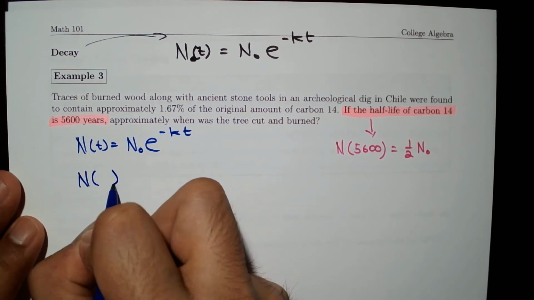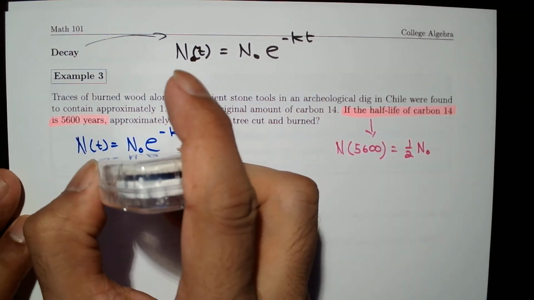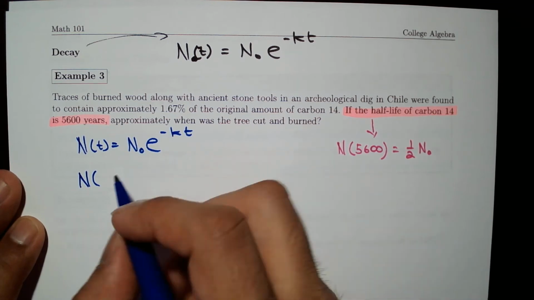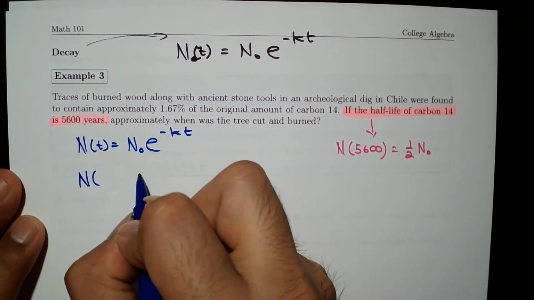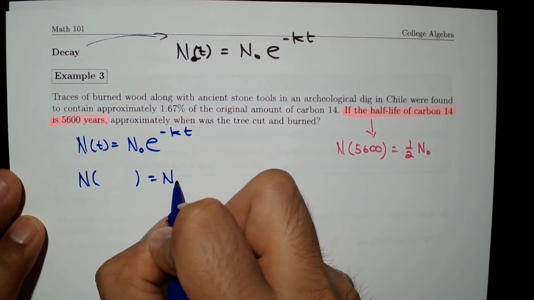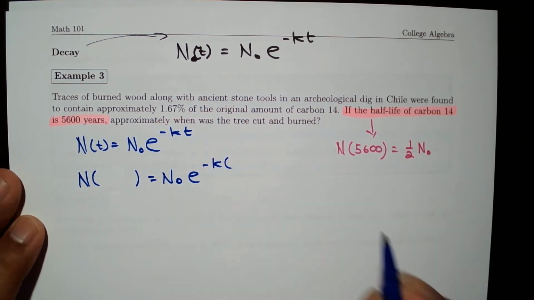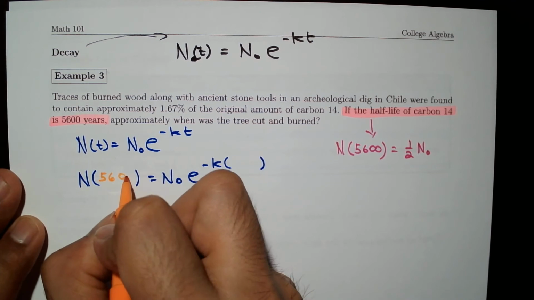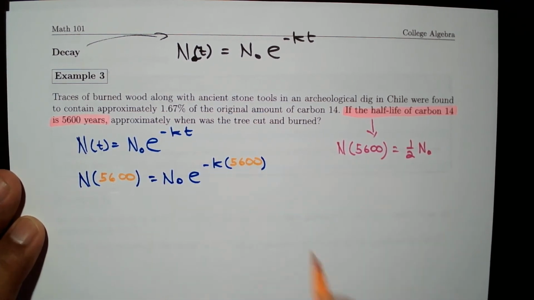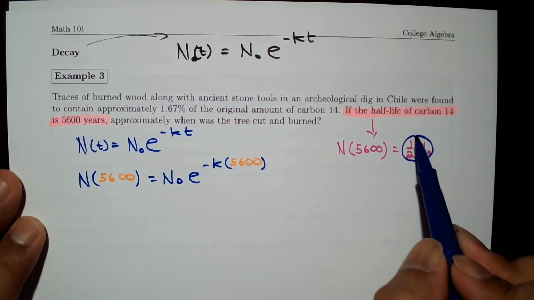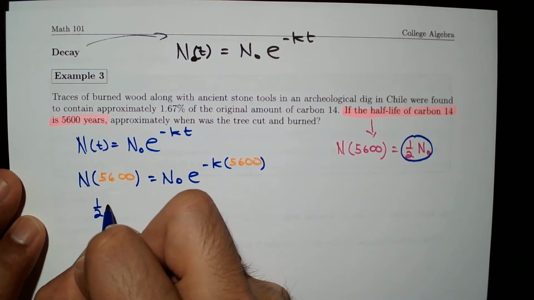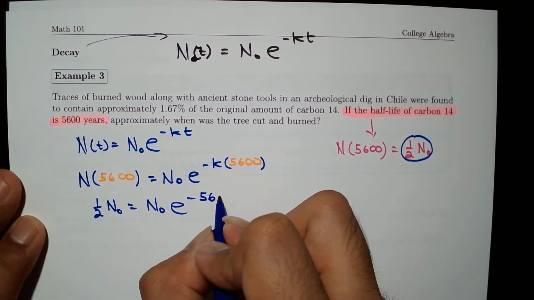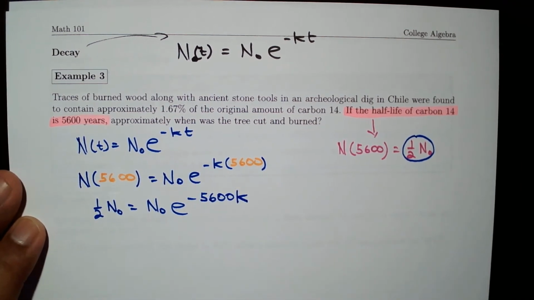So N evaluated at 5600 is going to give us this quantity, 1/2 N0.